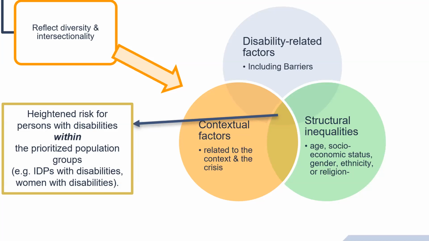And if we are prioritizing population groups that are vulnerable, we need to understand these three factors and how they are interacting together in order to understand which kind of group we will prioritize. For example, prioritizing internally displaced persons with disability, or prioritizing women with disability in our work.